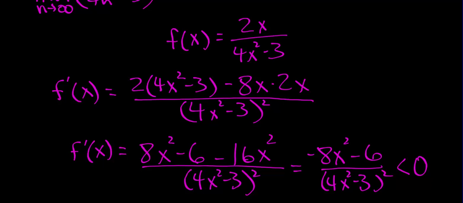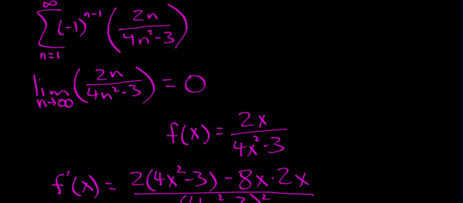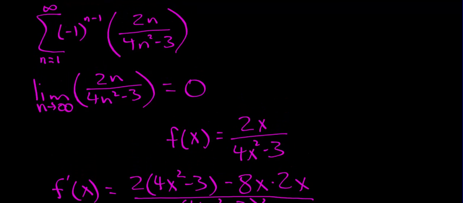For all n. So, yes, indeed. So here's what we've got. The two conditions are met. This condition here, plus the function is decreasing. Each term is smaller than the previous term. So by the alternating series test, this one converges. This is how we use the alternating series test.